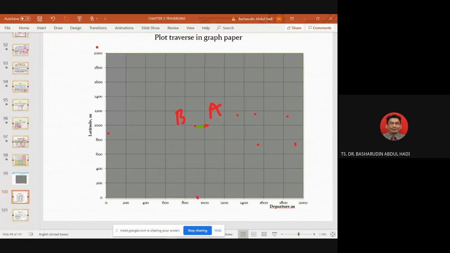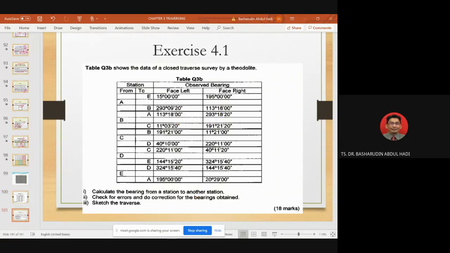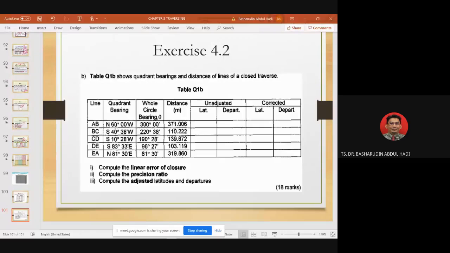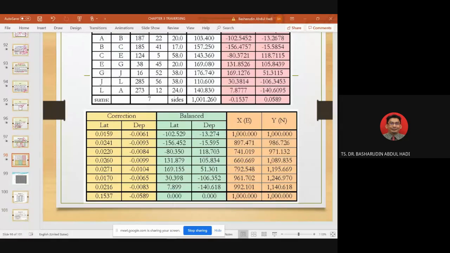Okay, and this is for exercise 4.1 and exercise 4.2, so you can do the exercises. And of course, try to recap L sine theta and L cos theta, and then how we do the correction and balance.